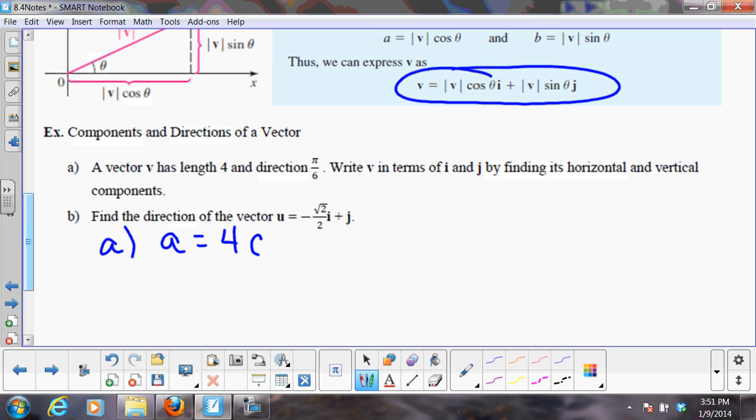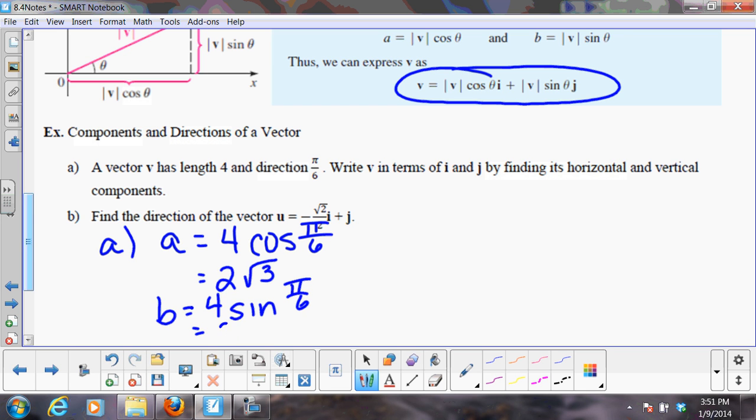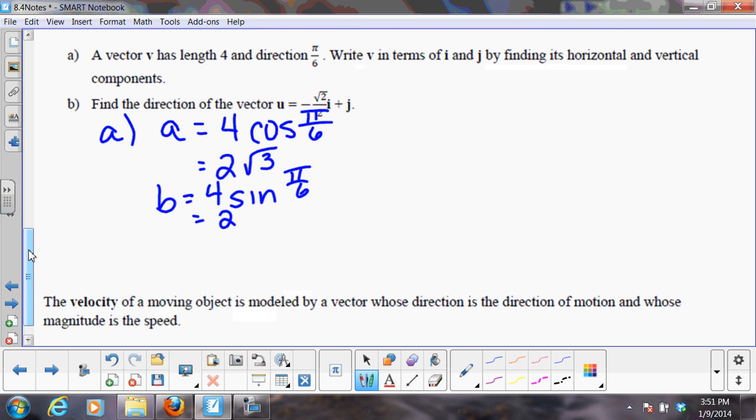So 4 cosine pi over 6, and this comes out to be 2 square root 3. And then b is 4 sine pi over 6, which comes out to be 2. So written in component form is 2 square root 3 i plus 2j. Stick your i's and j's in there.